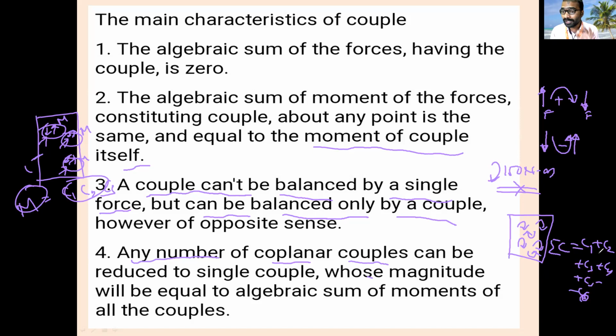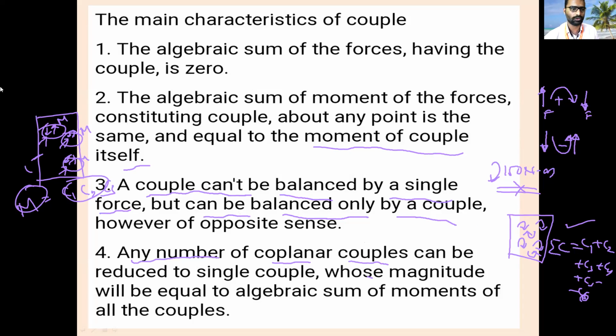So he is saying the magnitude is the same, but the direction may be different, depending on C1, C2, C3, C4. We cannot tell the direction. Any number of coplanar couples can be reduced to a single couple whose magnitude will be equal to the algebraic sum of moments of all the couples.